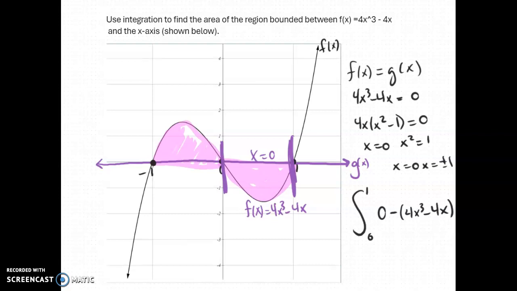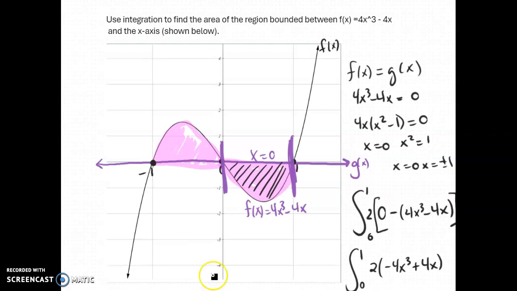So then I'm going to write it like this: 0 minus (4x cubed minus 4x). However, that only gives me this amount. So I need to take into account this other shaded region. And so because of the symmetry of this graph, this would be the same amount. So I can just say, well, it's 2 times this. So I'm going to get 2 times negative 4x cubed plus 4x.